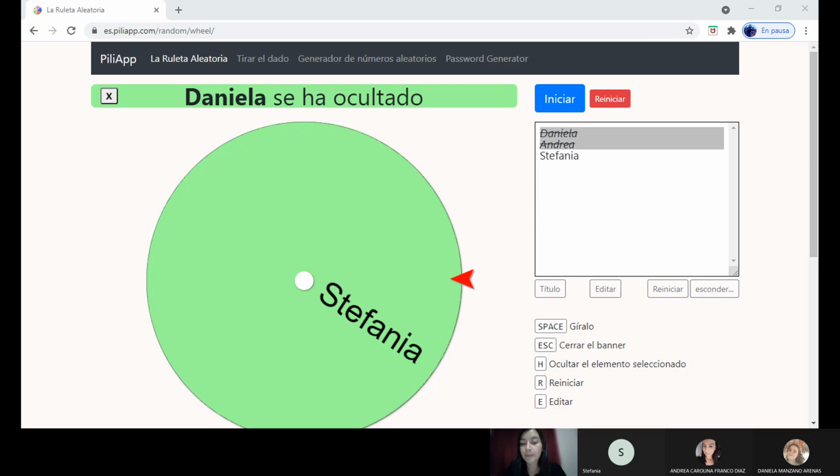So, ok, yo les había dicho que, bueno, se suponía que iban a haber más personas participando, entonces escogían a alguien para la conclusión. Entonces, al final, pues cada una es una conclusión. ¿Ok? En la primera parte, cada uno va a hablar durante 2 minutos, de acuerdo al grupo que le correspondió.